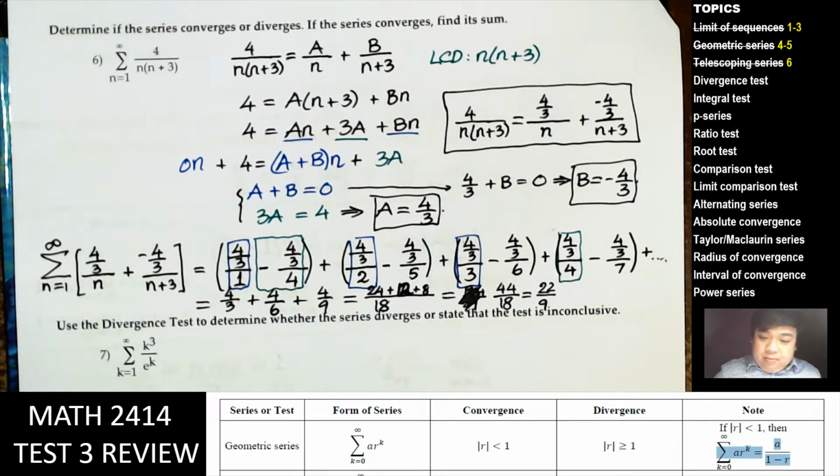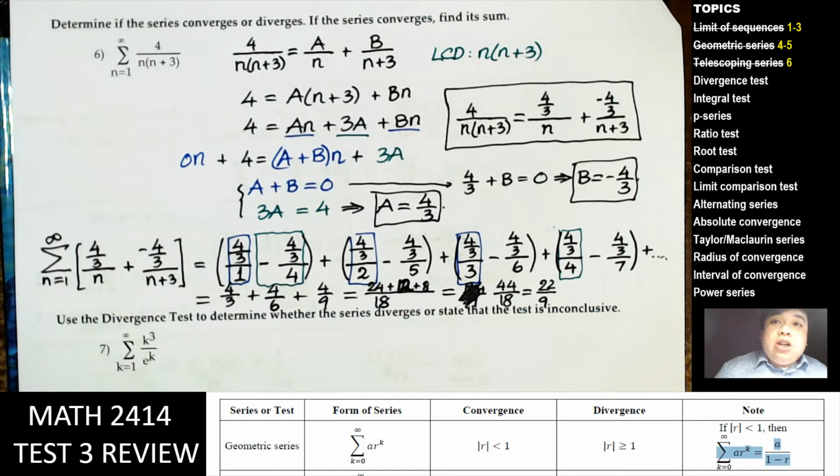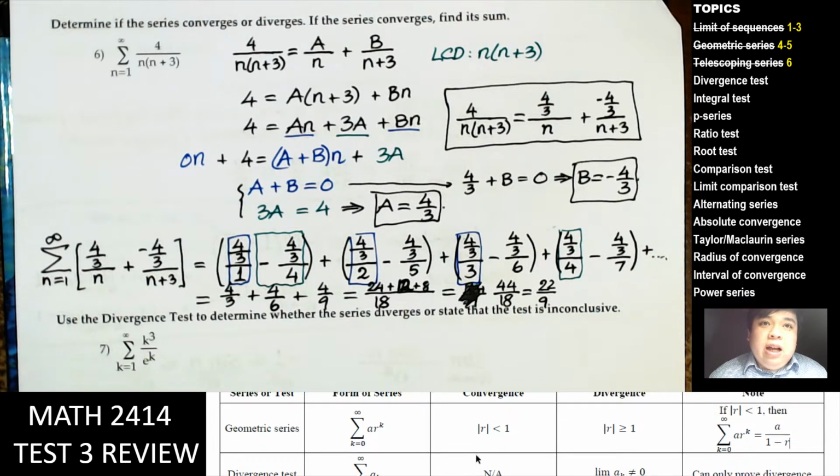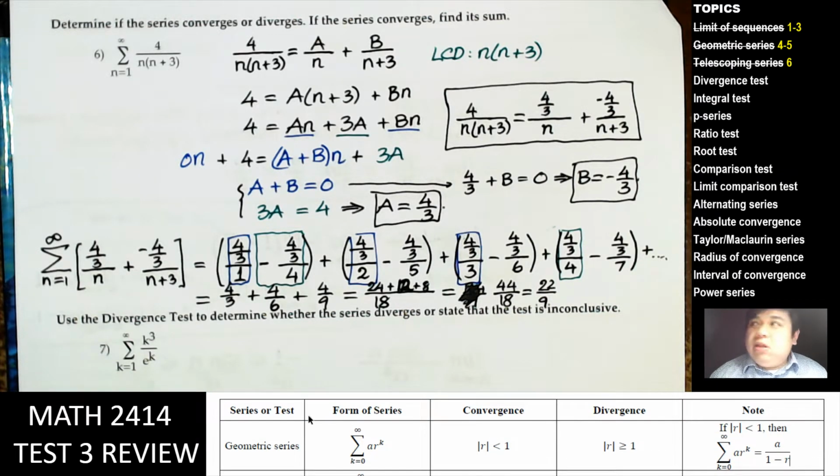Divergent test. Just by the name of it, it only works for divergence. Let me roll down. So let's look at the table, the header row.